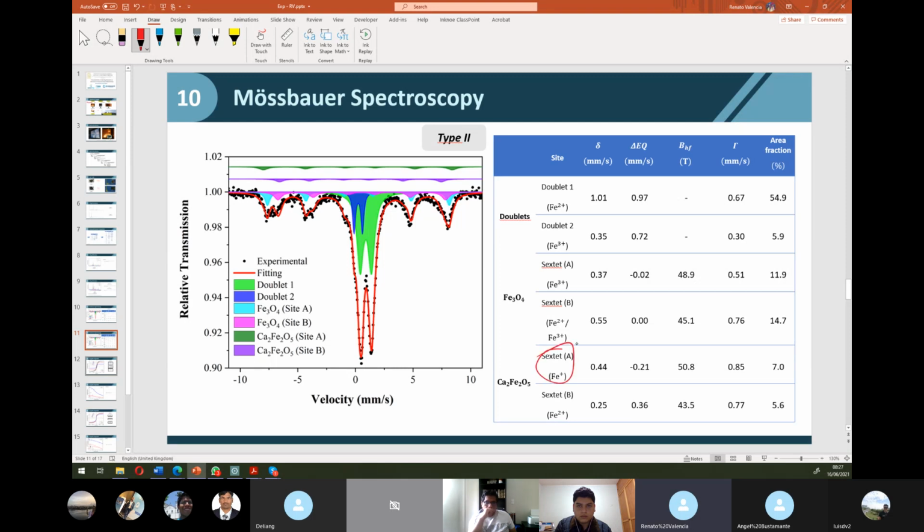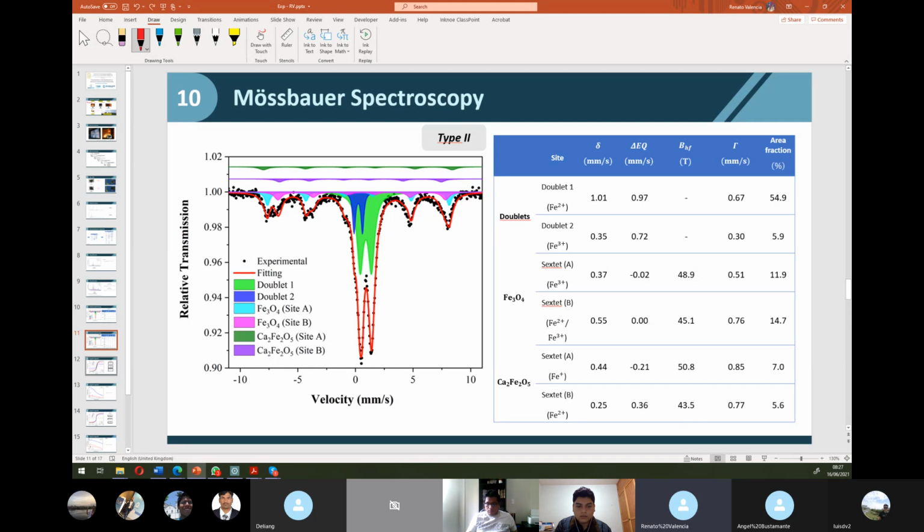And we have two sextets, one iron 3 plus and the other iron 2 plus, with hyperfine fields of 15.8 Tesla and 43.5 Tesla.